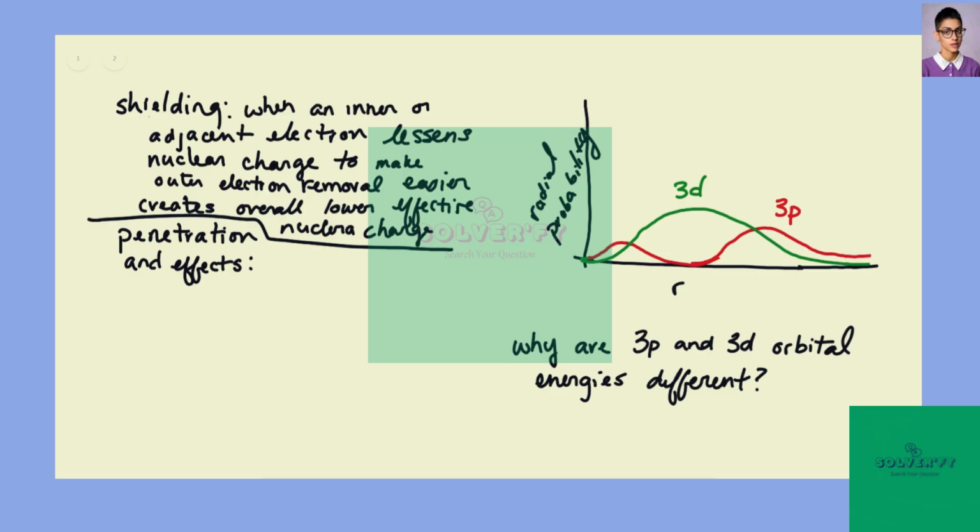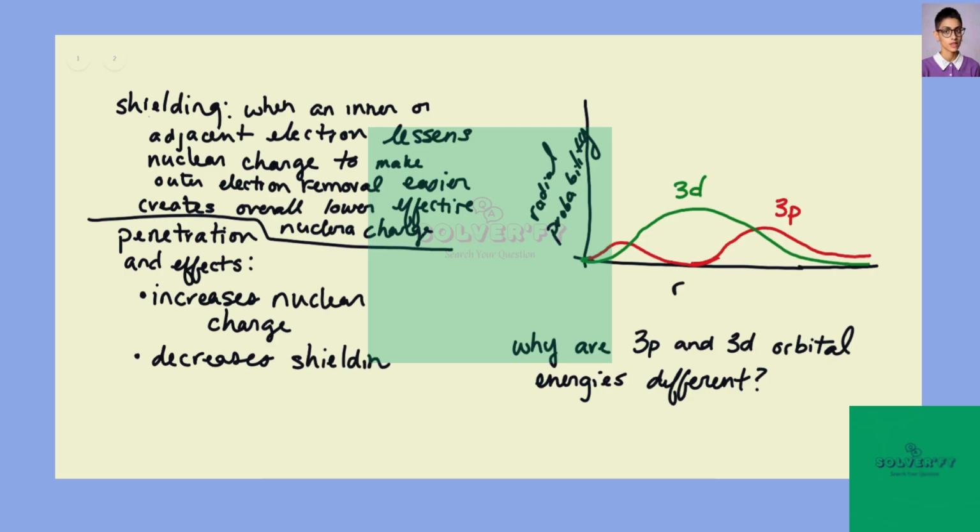It increases nuclear charge and decreases shielding. Okay, and how we're going to remember that this is true is we're going to do it with the radial probability functions that we've drawn right here.